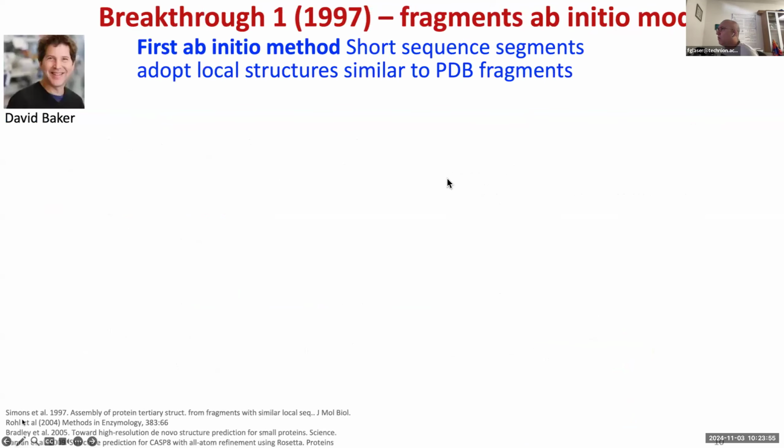So how did this happen? Here come the different breakthroughs done by David Baker, several of them. There are other people, of course. The first ab initio method that worked had the idea of using short sequence segments that adopt local structures similar to PDB fragments.